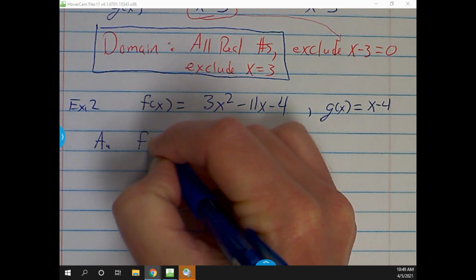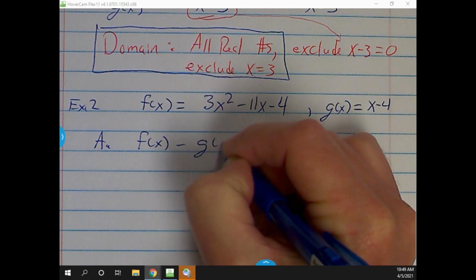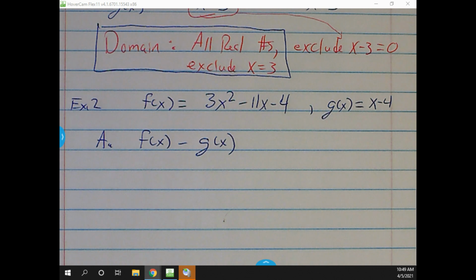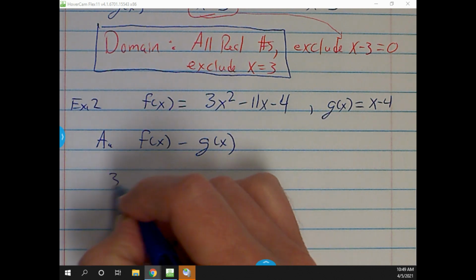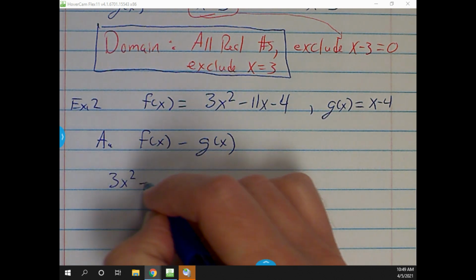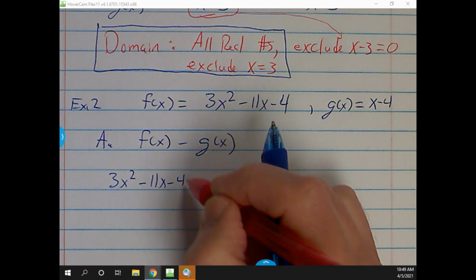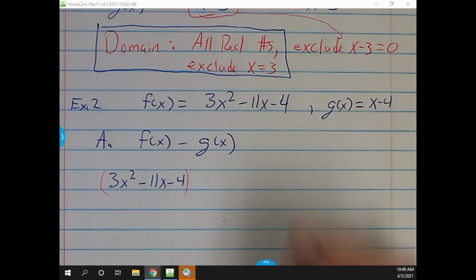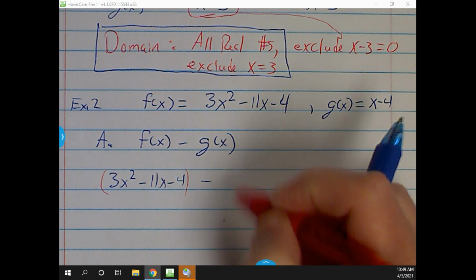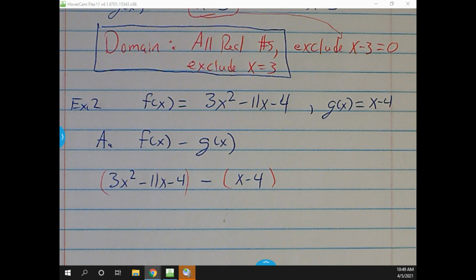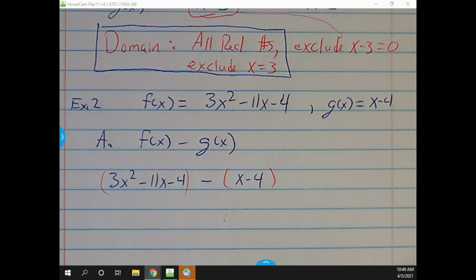We'll do f of x minus g of x first. So that would be 3x squared minus 11x minus 4. And sometimes you'll even see it when they do this. They'll put this one in parentheses to let you know that that's the f of x part. And then minus, they'll put the g of x in parentheses. Now, sometimes it's parentheses overkill, but sometimes they'll do that just to make sure that you understand that this is the f of x, and then that's the g of x that's there.